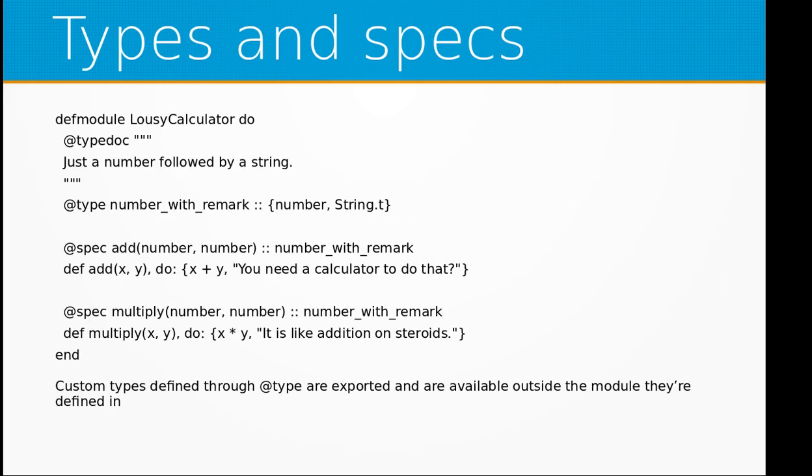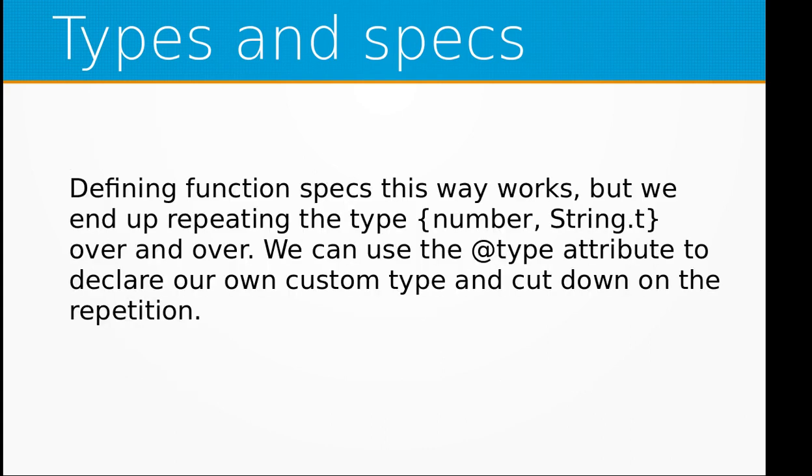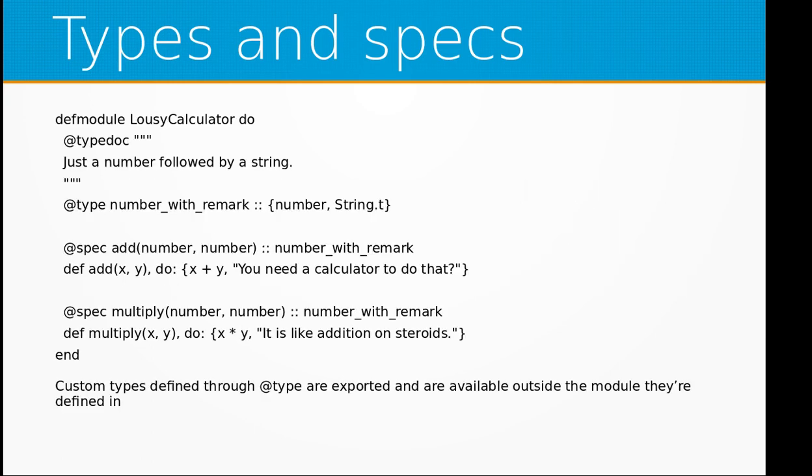So this code can be refactored using a custom @type attribute. Here you can see we have number_with_remark and we are declaring number, comma, string, and we are using this type attribute number_with_remark in two of the specs, the add spec and the multiply spec.